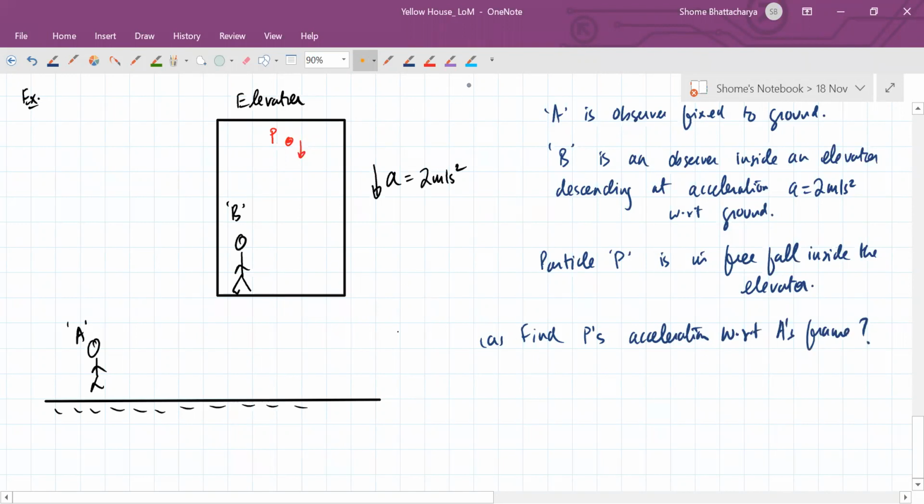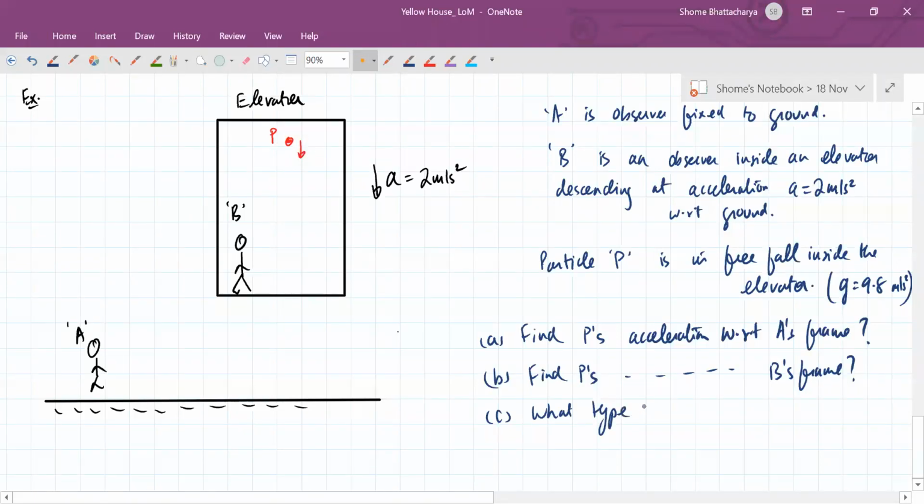Take the value of g as 9.8, and again find P's acceleration with respect to B's frame, and again state what type of frame A's frame and B's frame is.